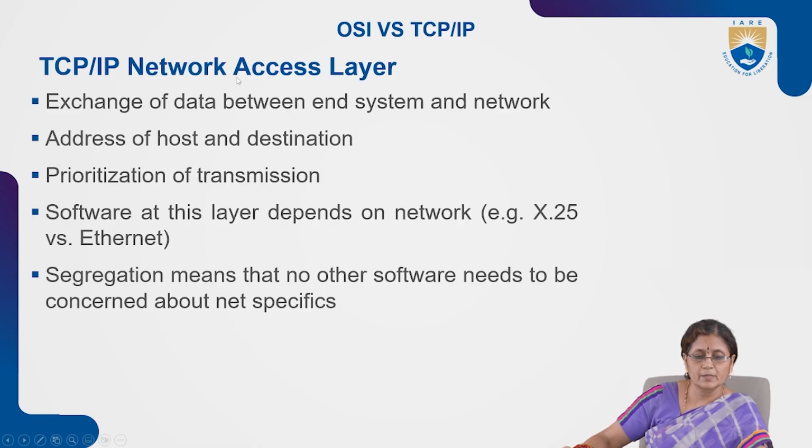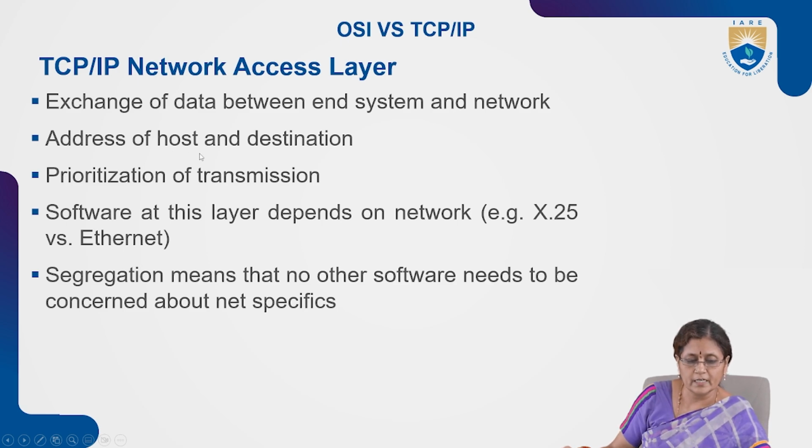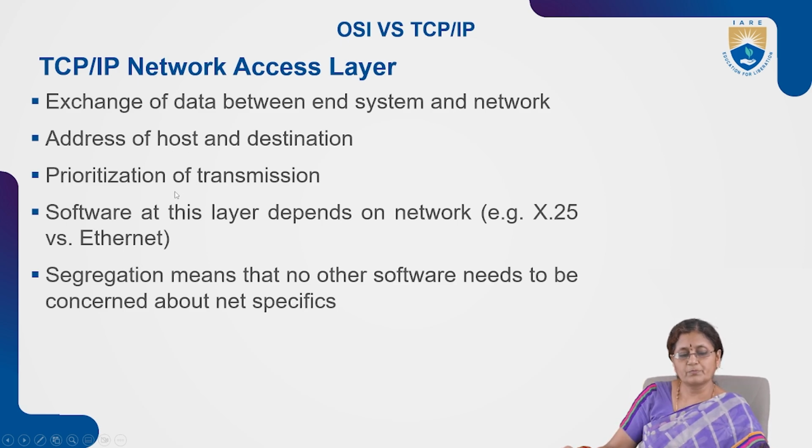The services of the network access layer include the exchange of data between system and network, adding the address of host and destination, and prioritization of the transmission. That means sequencing of the data: which data has to be sent first, which packet has to be sent in which sequence number. That gives the priority of that particular transmission. Then the software at this layer depends on the network.